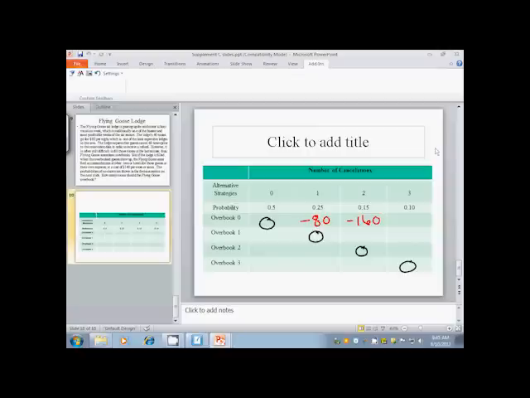Overbooking 0 rooms and having 3 cancellations, again, $80 per room. We are going to be losing money, and that's going to be $240, or 80 times 3. Do you see how we're filling out this matrix? And we'll be using this information for our EMV momentarily.